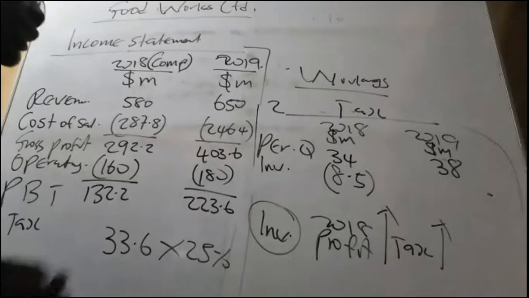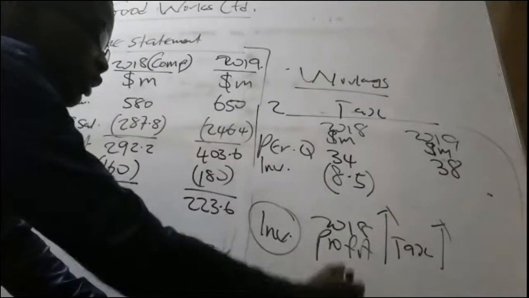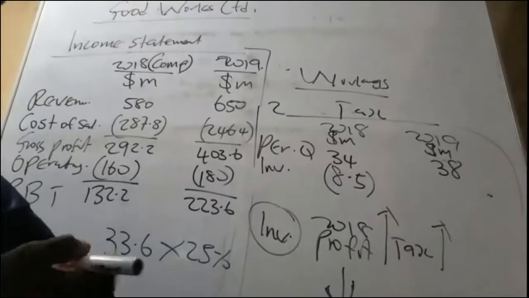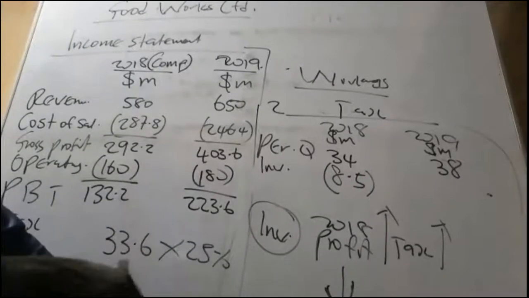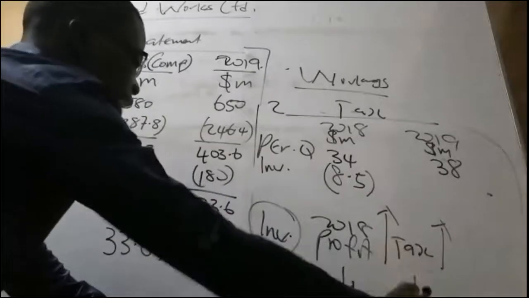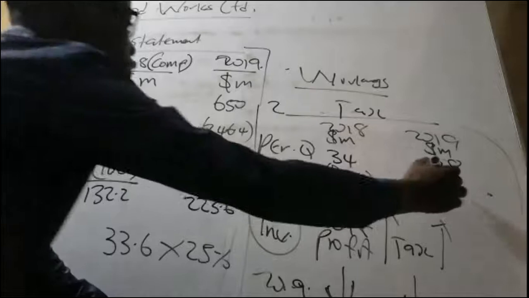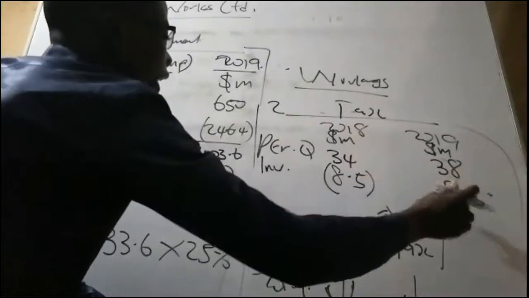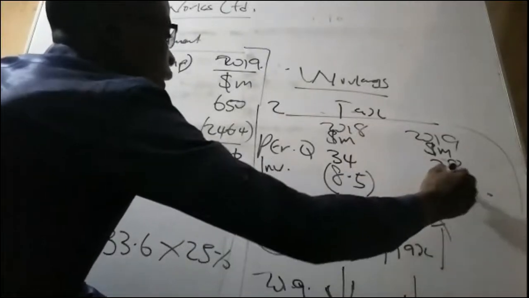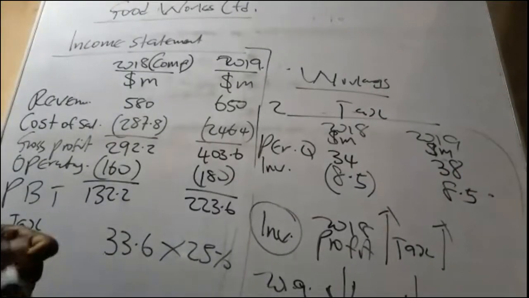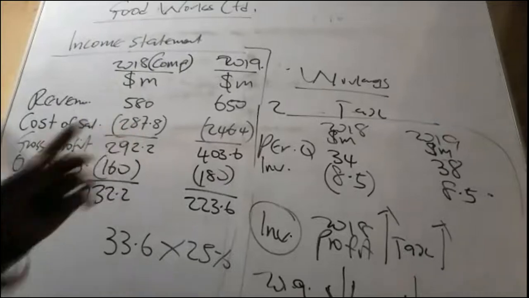In 2019, in effect, the profit will go down. So the profit went down because of this error. And when profit goes down, what happens to tax? Tax also goes down in 2019. So that means you have to add back 8.5. You are adding back to the 2019 financial statement. Right. So that is error number one.